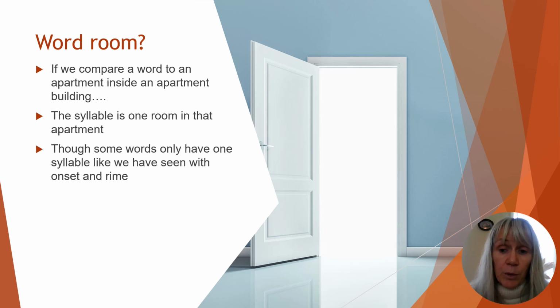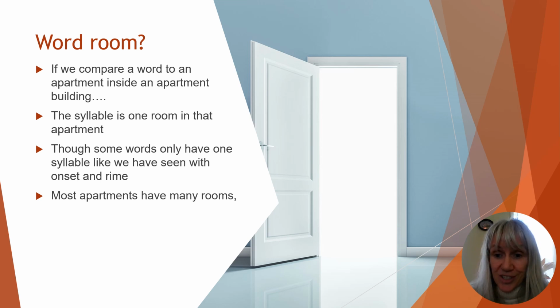Though when we were talking about onset and rhyme, we were dealing mostly with one-syllable words. And that's what we see often in our onset and rhyme. Most apartments have many rooms. Most words have many syllables.